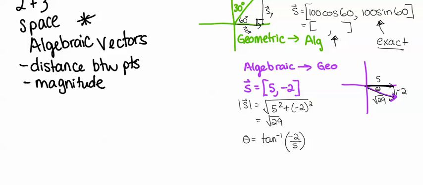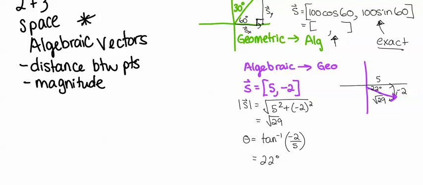So we got -2 divided by 5. Inverse tan gives me -21.8, which I'm going to round to 22. It's negative because it's going in this direction, so I'm just going to ignore that and call it 22 degrees. So that's the size of that angle in there. So this angle here is 22 degrees.